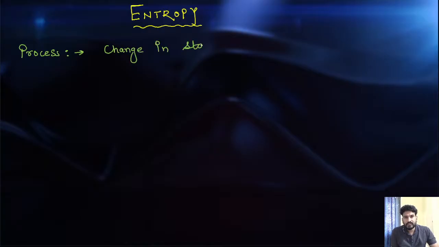Change in state is a process. Very simply, you have one state with properties P1, V1, T1, and if you are moving to another state having properties P2, V2, T2, this is the process actually. Is it clear to you?